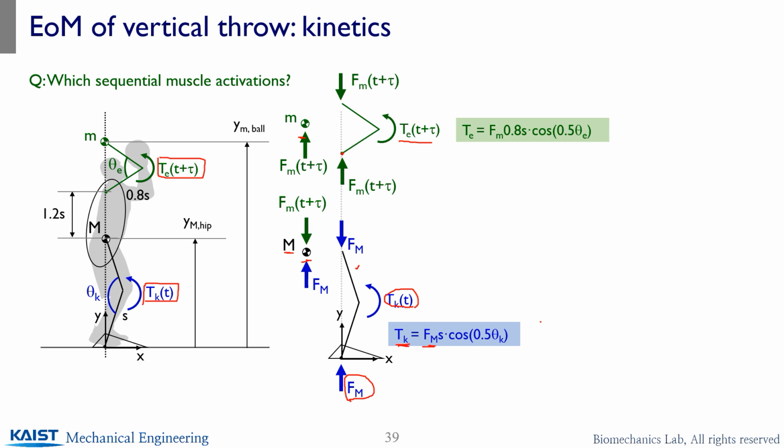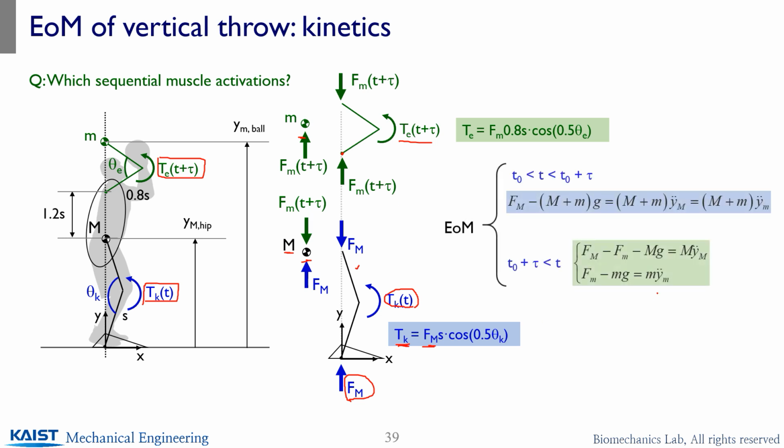With this free body diagram, we can obtain the equations of motion. For the time when t is less than tau, only the knee joint actuation occurs. The only external forces, the ground reaction force and gravity, generate the total body vertical acceleration, which is the same as y small m double dot.